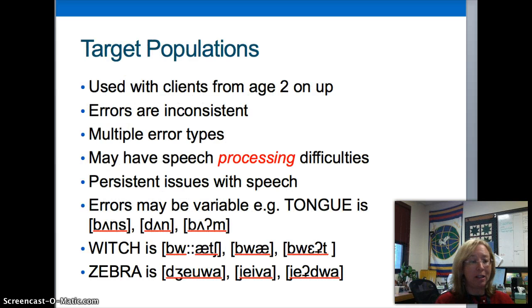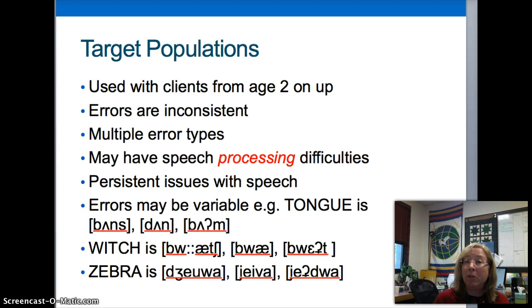This approach is good for clients from age 2 or up. They are going to have fairly inconsistent errors, and we'll talk about differential diagnosis from apraxia. We suspect that these kids have some speech processing difficulties, and even though they've been getting speech therapy, the errors just continue.